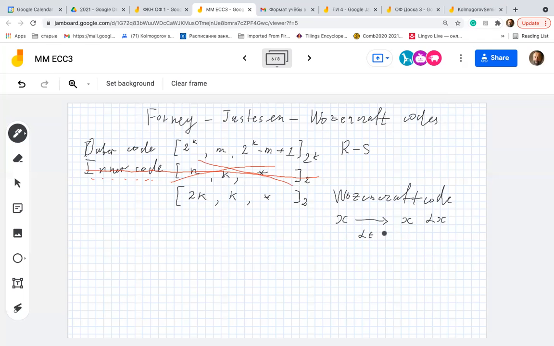Alpha is chosen from the field of cardinality 2 to the k, and to be able to multiply alpha by x, we consider x also as an element of this field, fixing some linear one-to-one correspondence between k letter strings and elements of that field. The relative distance of this Wozencraft code depends on alpha. We know that for the majority of alphas, the distance is close to the distance of the maximum code used in Forney's construction.